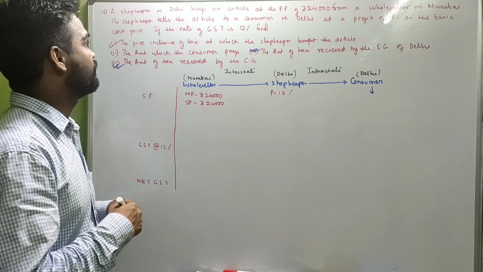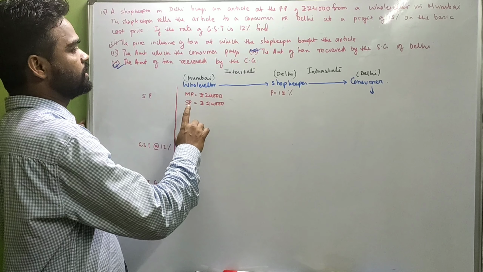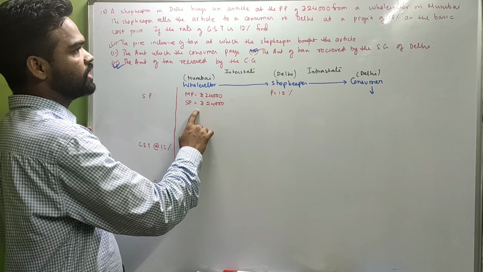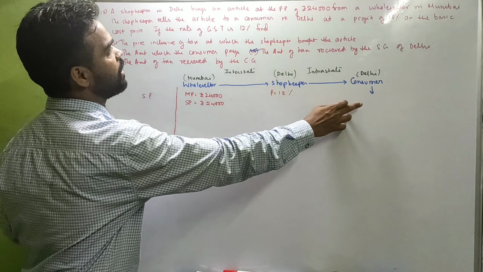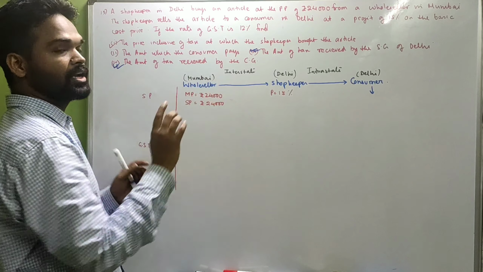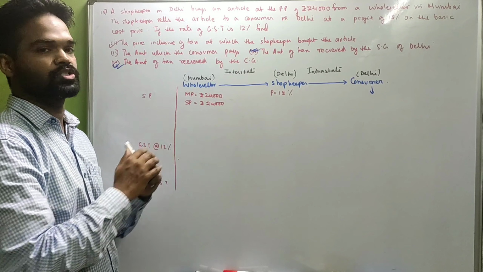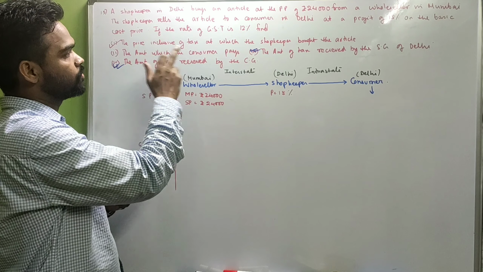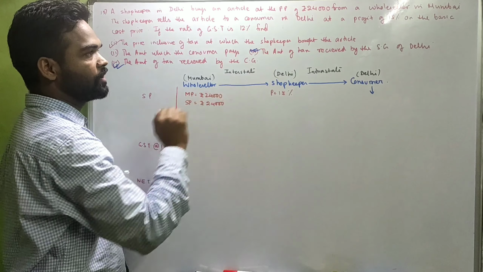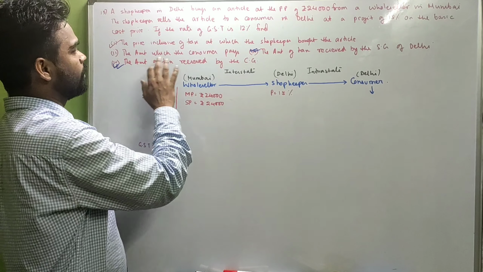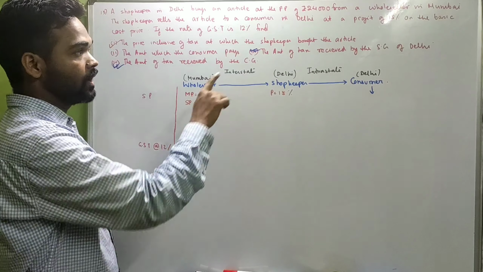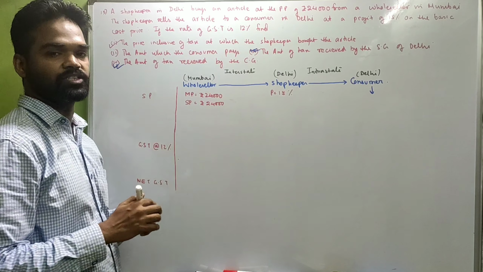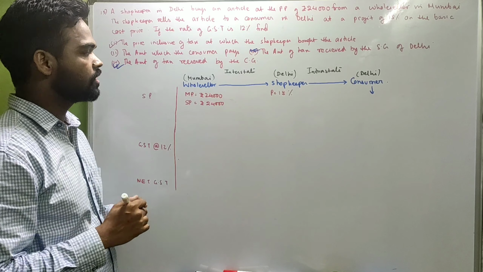Now let us look at number 15. A shopkeeper in Delhi buys an article at the printed price of 24,000 from a wholesaler in Mumbai. The shopkeeper sells the article to the consumer in Delhi at a profit of 15% on the basic cost price. If the rate of GST is 12%, find the price inclusive of tax at which the shopkeeper bought the article. Very easy. The amount the consumer pays. The amount of tax received by the state government of Delhi, very important, and the amount of tax received by the central government.